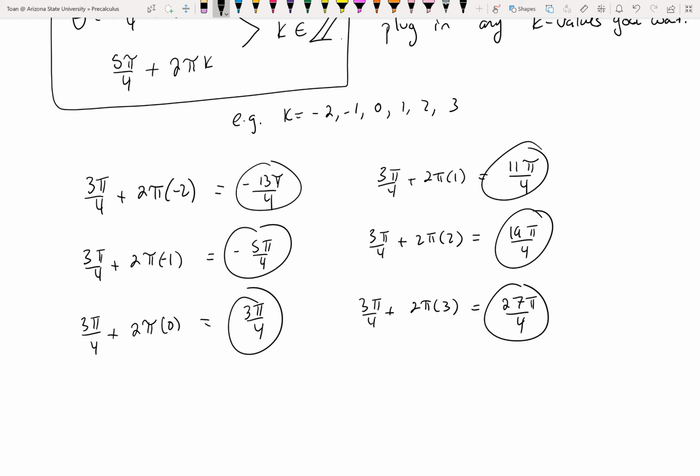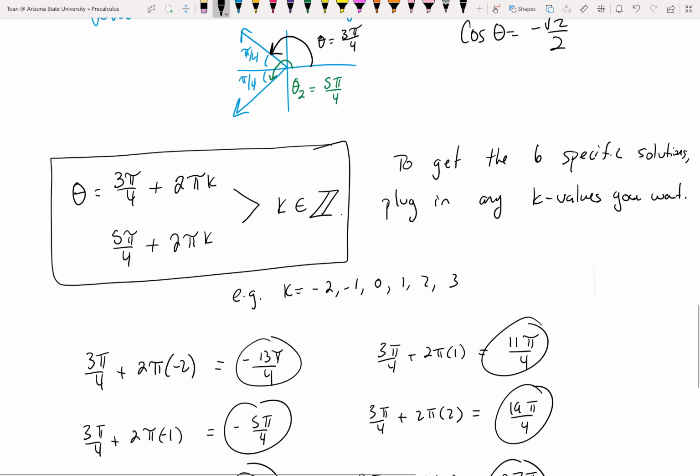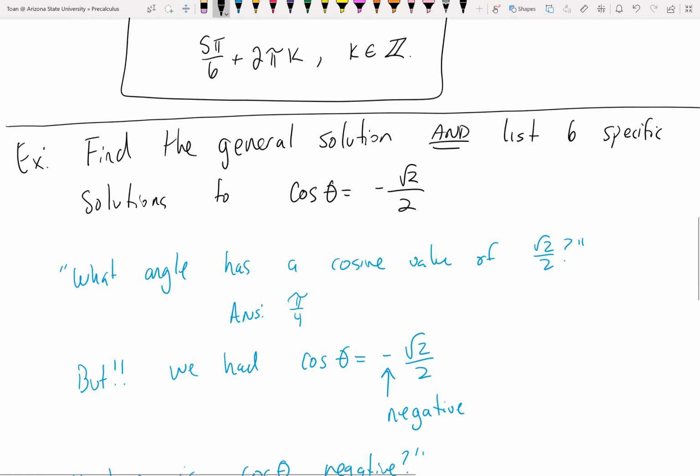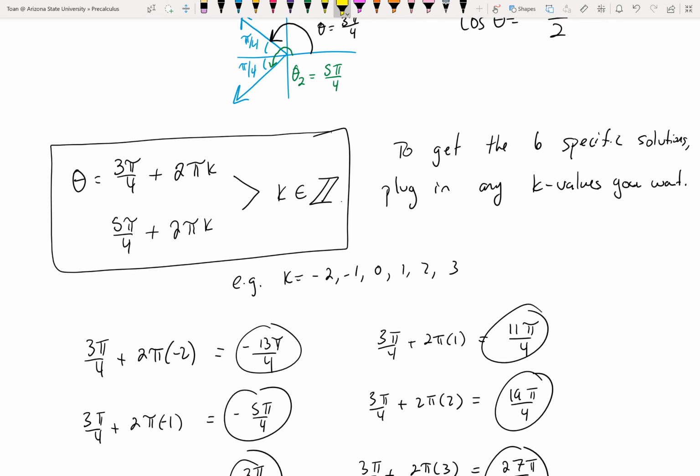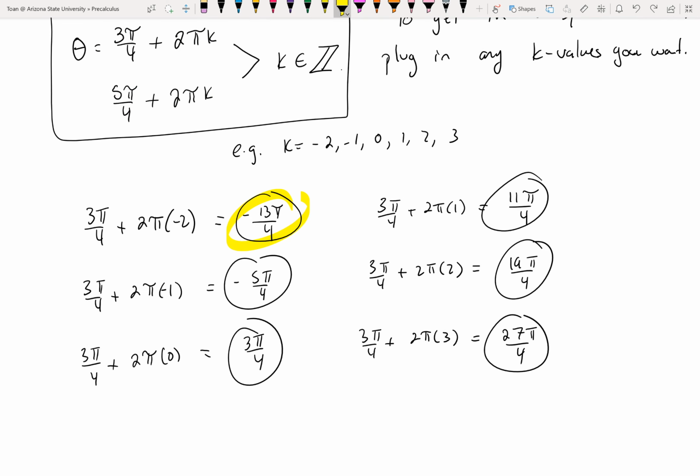And I can keep going on and on and on to generate specific answers, but the question only asks for 6 of them. So again, the general solution is sort of like a formula to generate all of the answers. Specific solutions is when you plug in specific numbers for k to get actual angles.